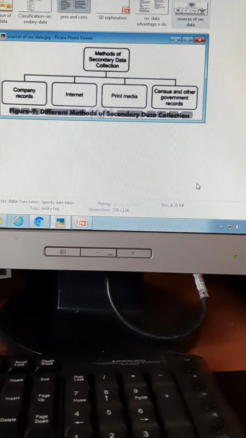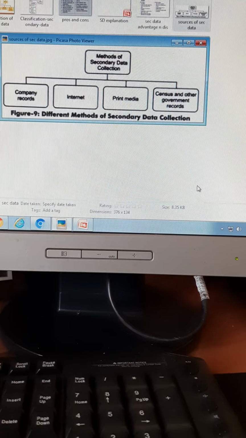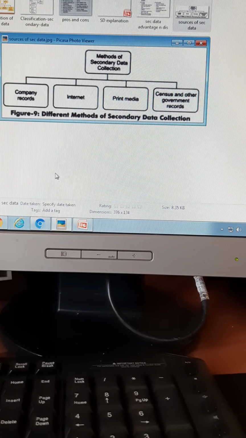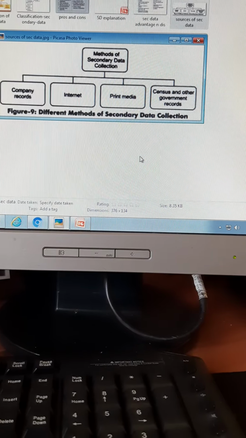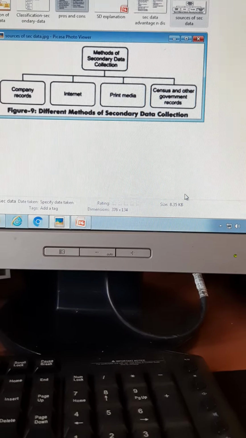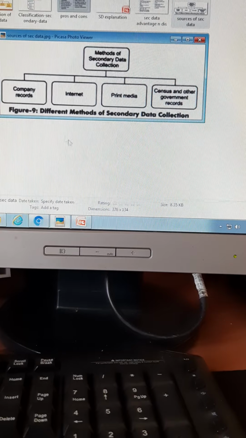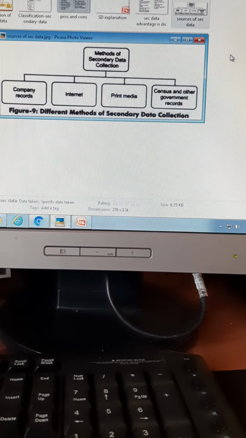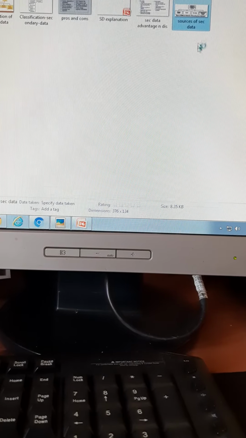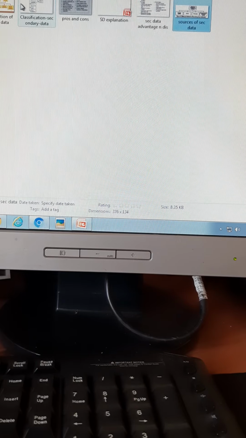And so that can also be the source of secondary data. Company record, internet, print media, and census. Now again this we have to classify because there's so much under this. So we will go to the next level of classification.